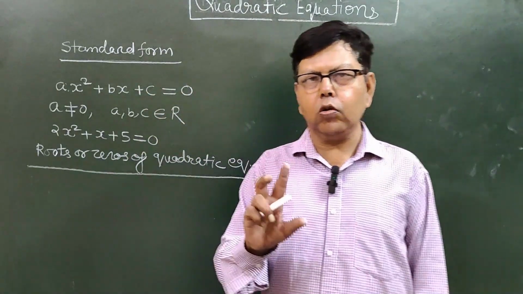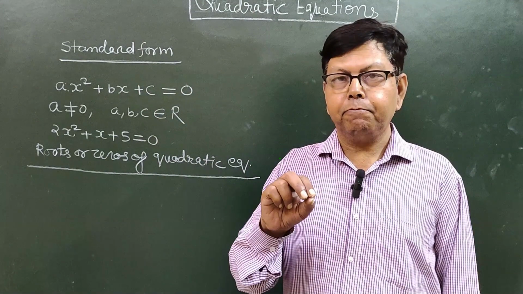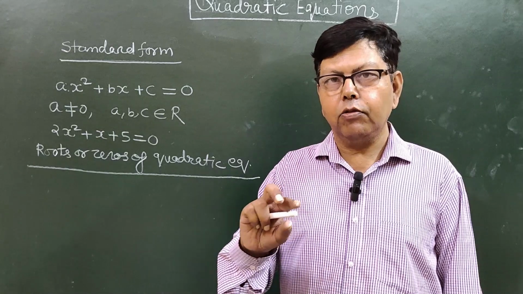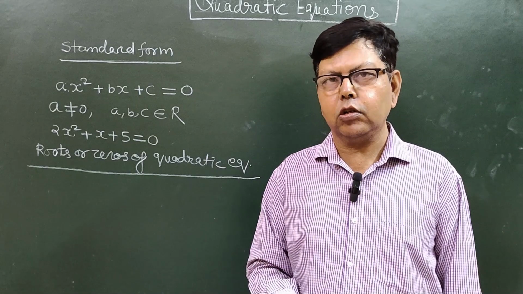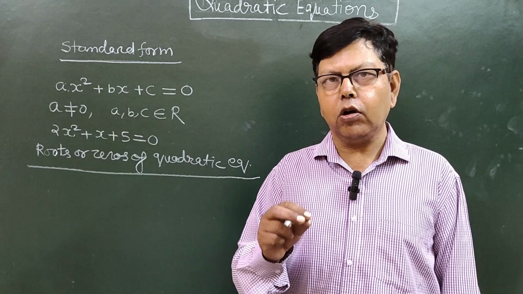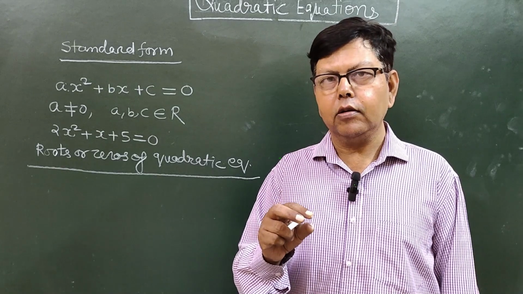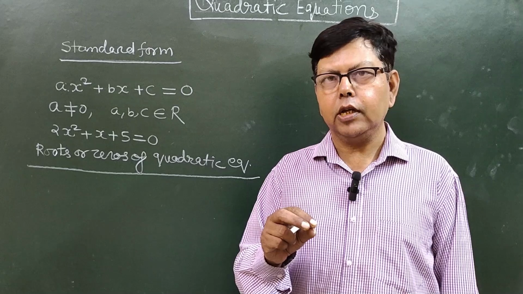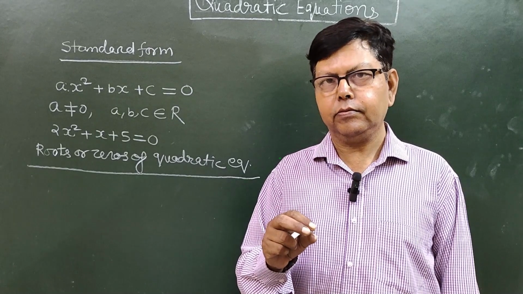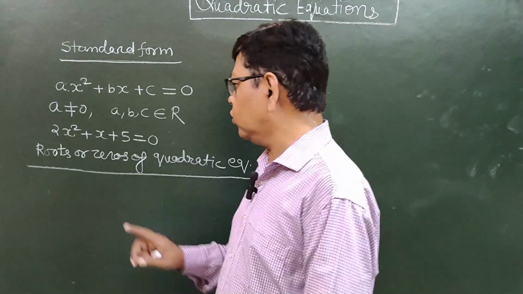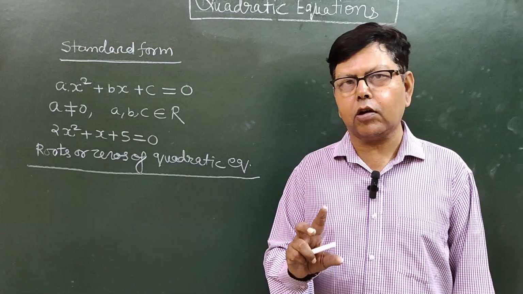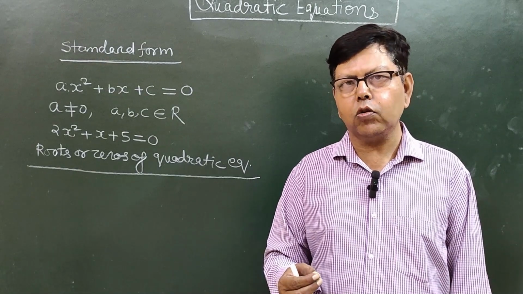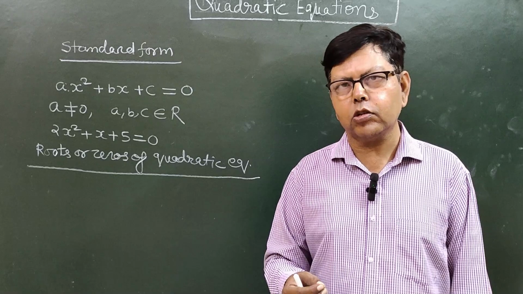So roots or zeros of a quadratic equation are the real values of x which make it equal to 0, because we are considering only real zeros in class 10th. So all those values of x which make the quadratic equation equal to 0 are known as the zeros or roots of the quadratic equation.